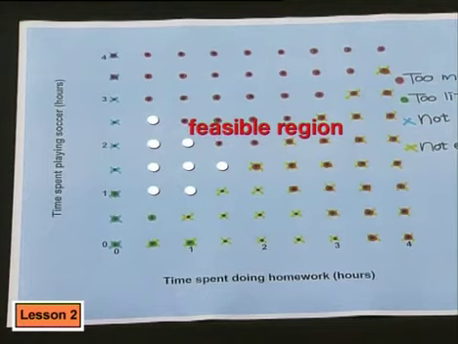The feasible region contains all the possible combinations of time spent doing homework and time spent playing soccer. Yes, the feasible region is all the points that satisfy our constraints. To find the feasible region, we can test points on a grid and cross off those that don't satisfy the constraints. This is known as point-by-point plotting.